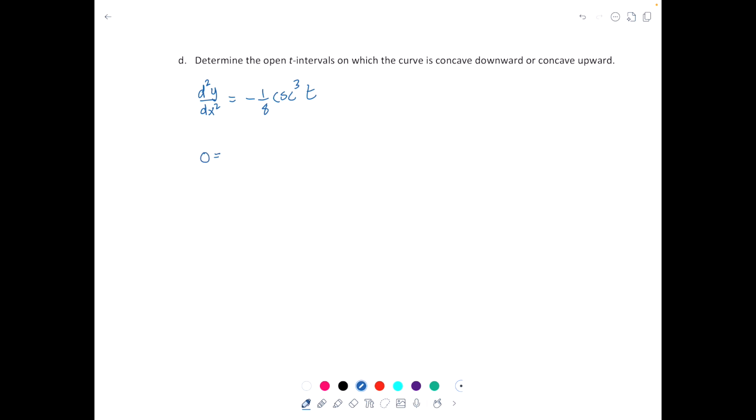Setting that equal to 0, we'll have negative 1 over, I'm going to write it as sine cubed at t, and then we would still have an 8 down here. And so basically this would give us 0 is negative 1, which is a contradiction. So there's no zeros of the second derivative.